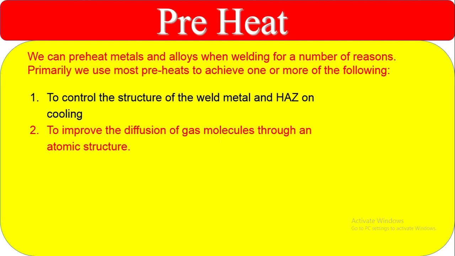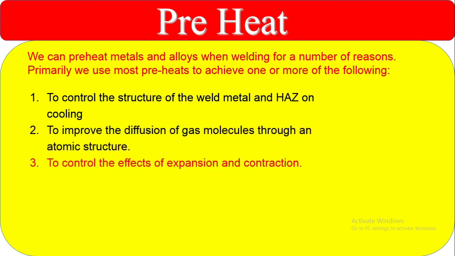Second is to improve the diffusion of gas molecules through the atomic structure. If there is a gas molecule inside the parent metal, definitely in preheat it will be diffused. There should not be any gas molecules there when you are doing the welding.